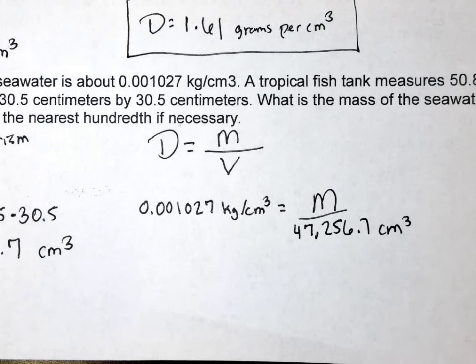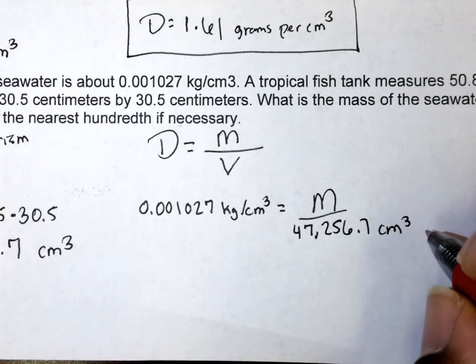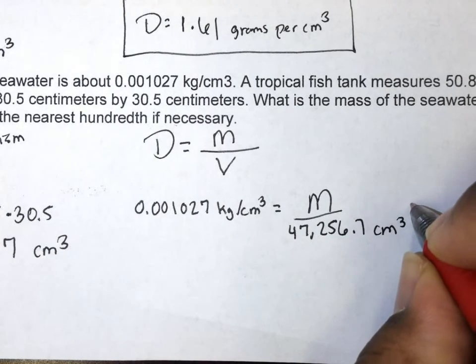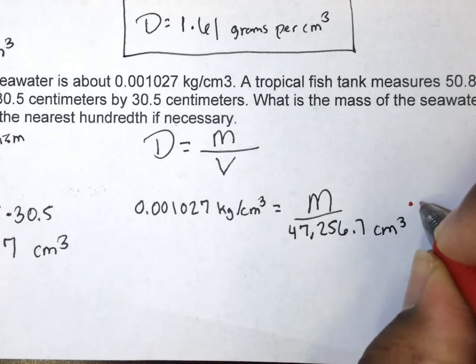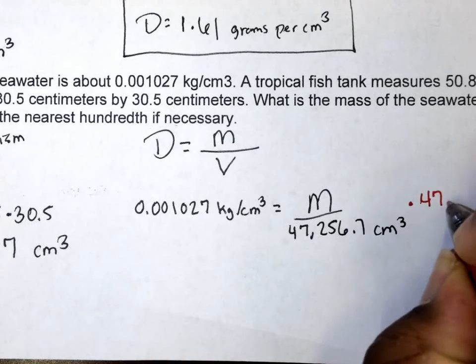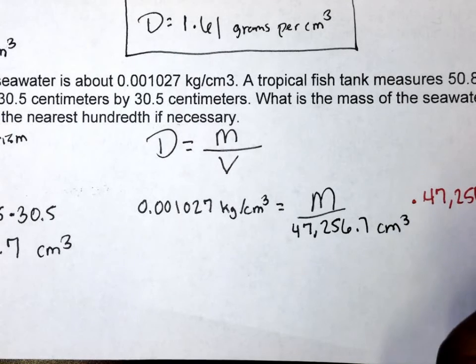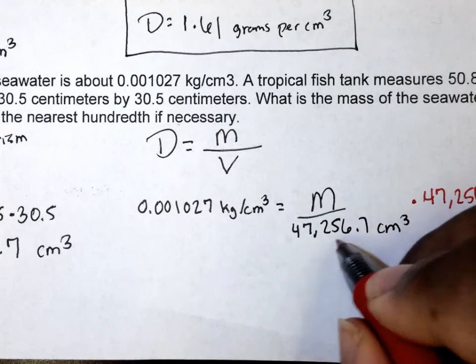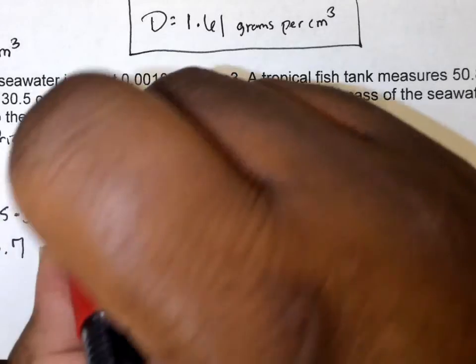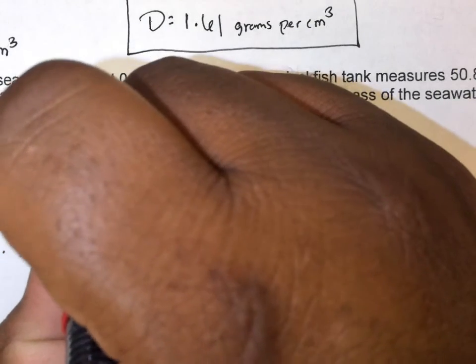This is my setup. How do I solve for M? Perfect. Times by volume on each side. Times it by it on this side to cancel it out. On this side, I'm times it by my volume too.